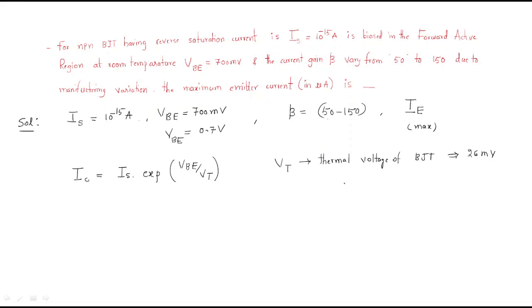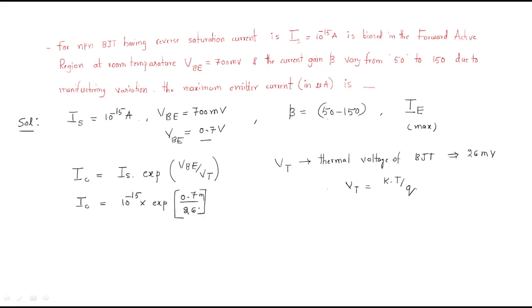And we have this formula VT equals KT by Q. K is the Boltzmann constant, T is the temperature, Q is the charge. So substitute all the values. The collector current IC equals, here reverse saturation current is 10 power minus 15 and exponential of VBE, which is 0.7, and VT equals 26.